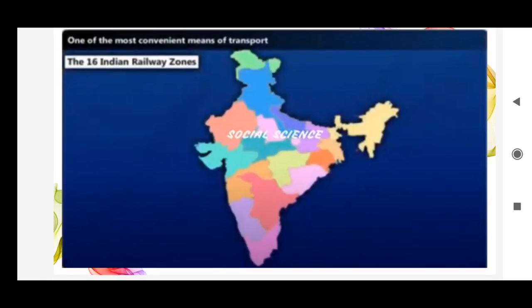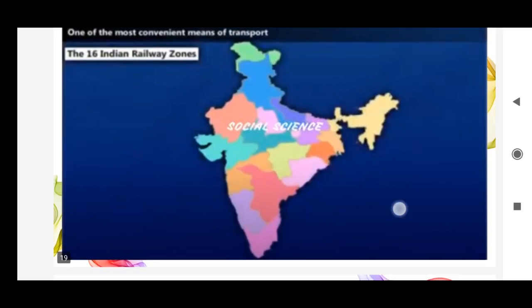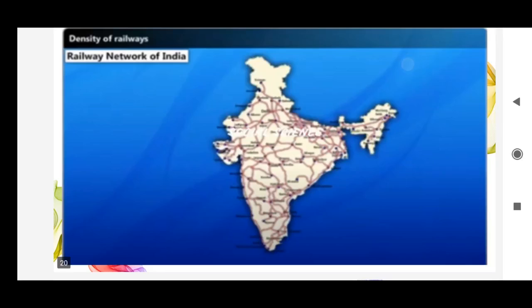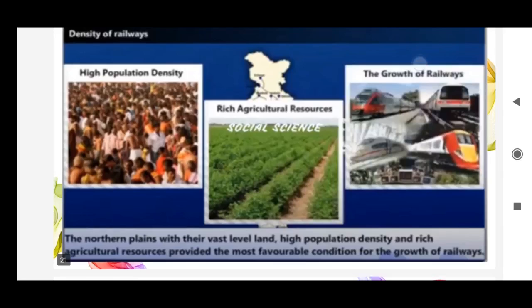The Indian Railway is now reorganized into 16 zones, children. The distribution pattern of the railway network in the country has been largely influenced by physiography. Vast level land, high population density, and rich agricultural resources provided the most favorable conditions for the growth of railways.